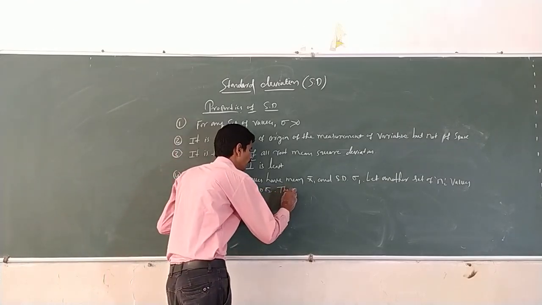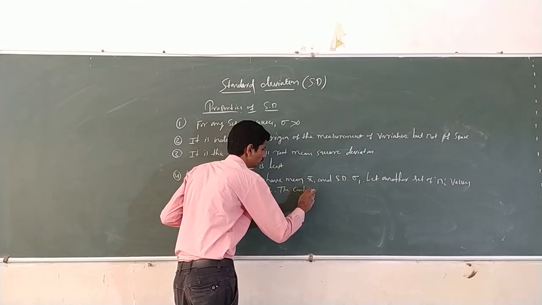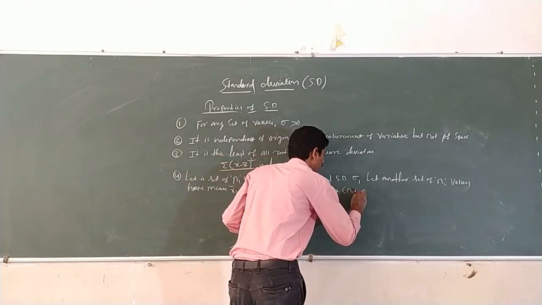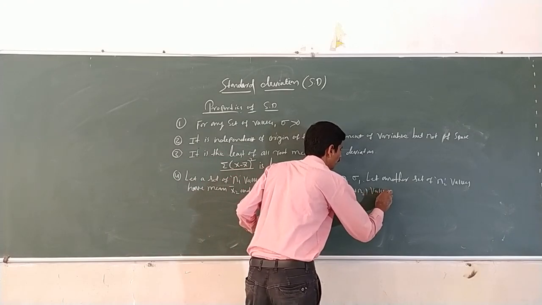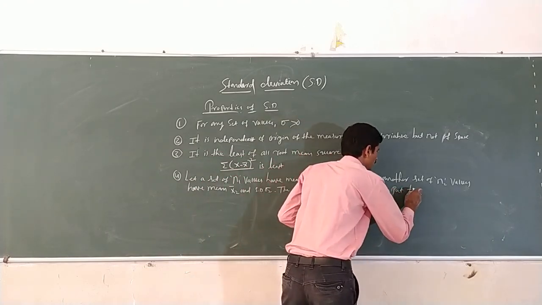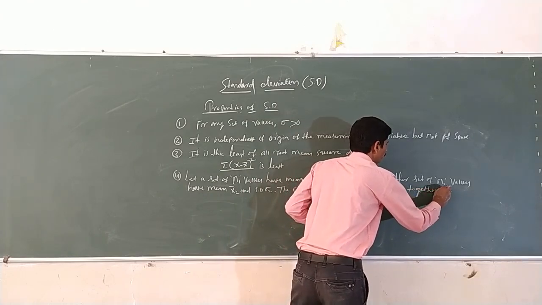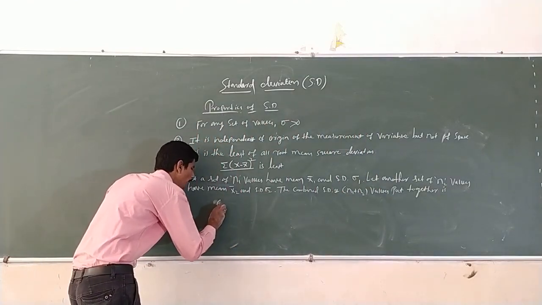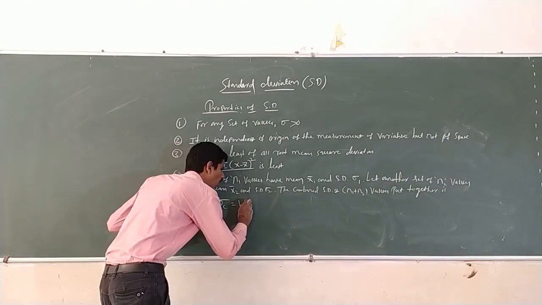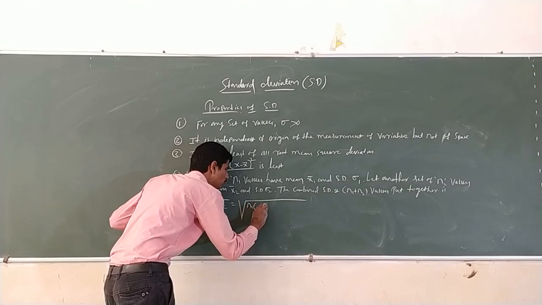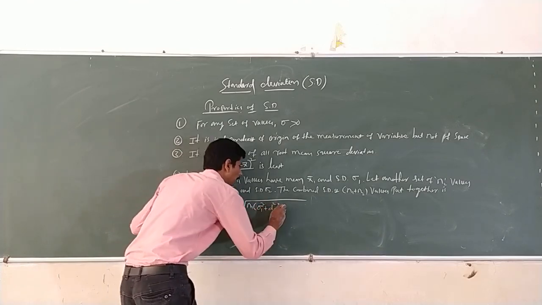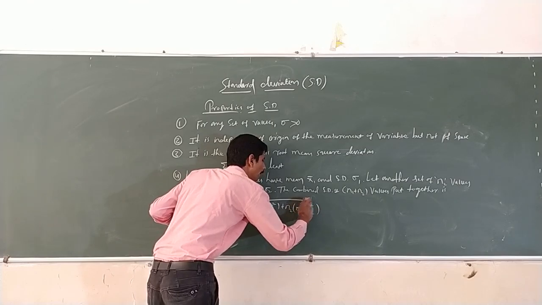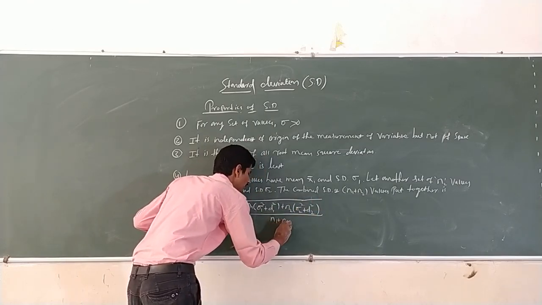Then the combined standard deviation of the n1 plus n2 values put together is sigma c equal to the square root of [n1 into (sigma 1 square plus d1 square) plus n2 into (sigma 2 square plus d2 square)] divided by n1 plus n2.